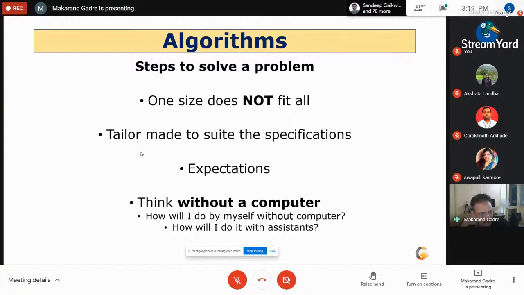Sometimes you have to use a combination of multiple algorithms, and sometimes you have to tailor the algorithm. So what is the expectation? What is the requirement? That decides what algorithm to use, or what alternative algorithms to use, for the problem at hand.